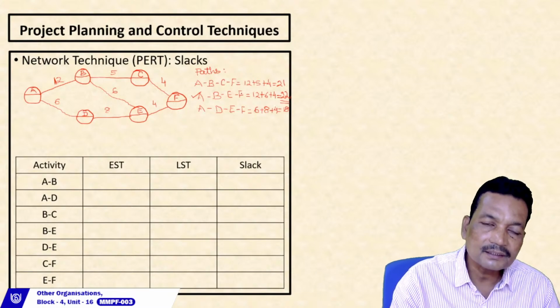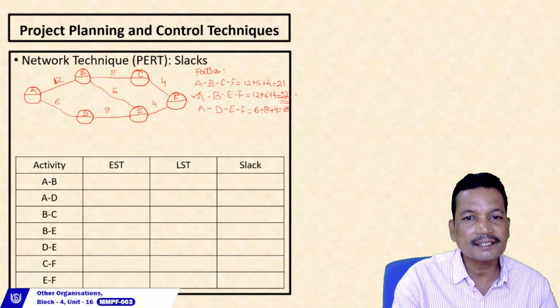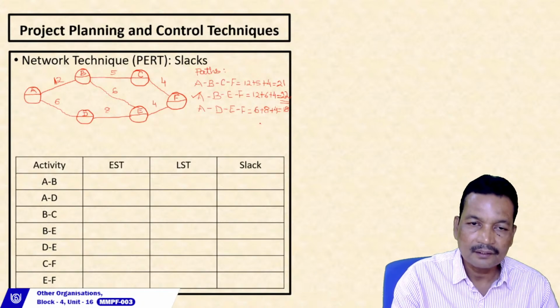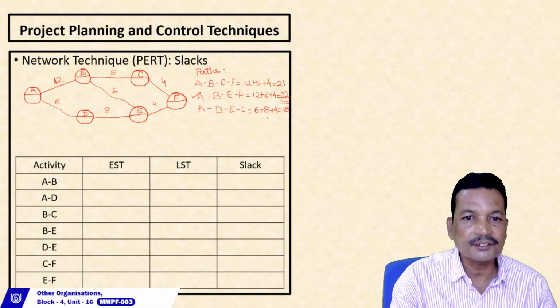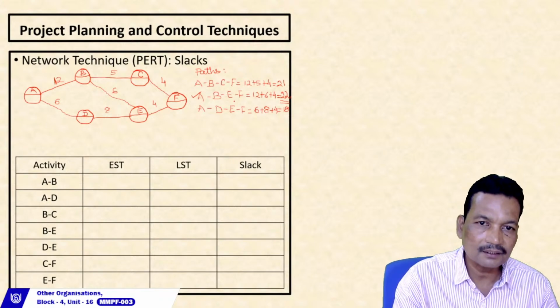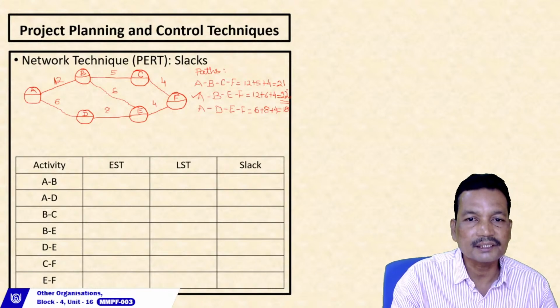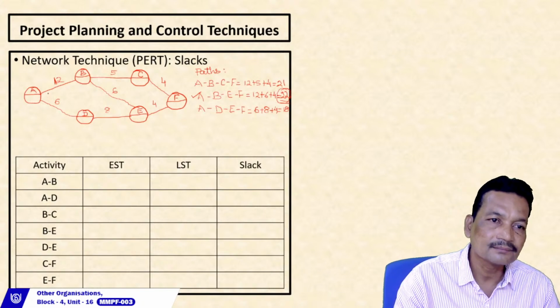When we complete this particular path, the other two paths should have been completed because they are taking less time. So the path with the longest duration, we call that the critical path, or the duration of the project, that is 22 days.